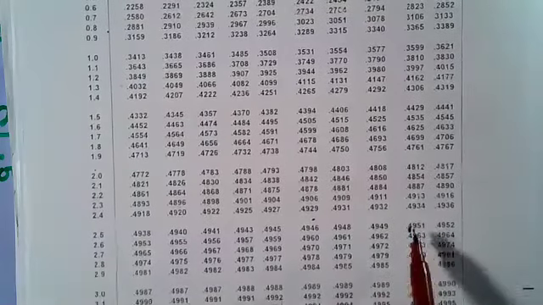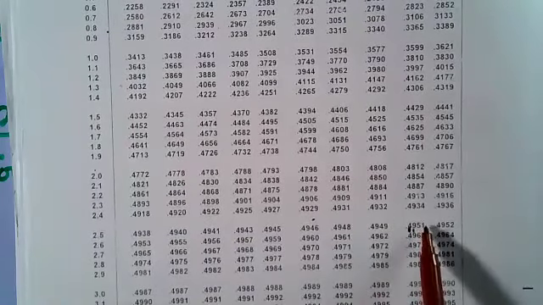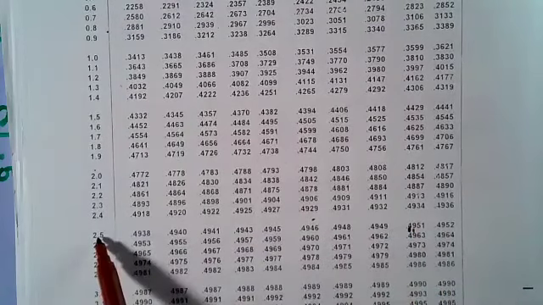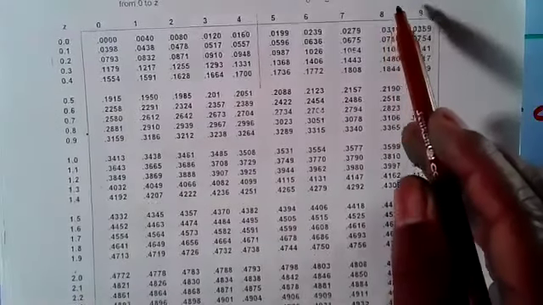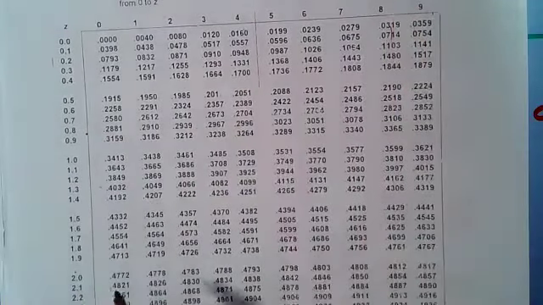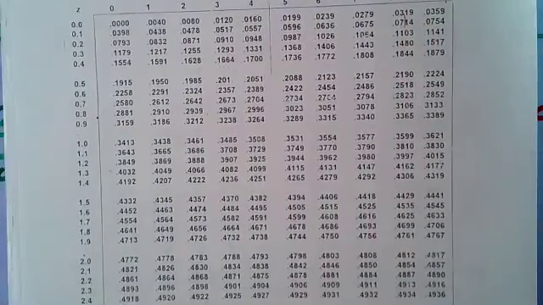So after spotting 0.495, you take the coordinates. Here it's 2.5, then you go up to 8. So it will be 2.58. Yes, it's this one.